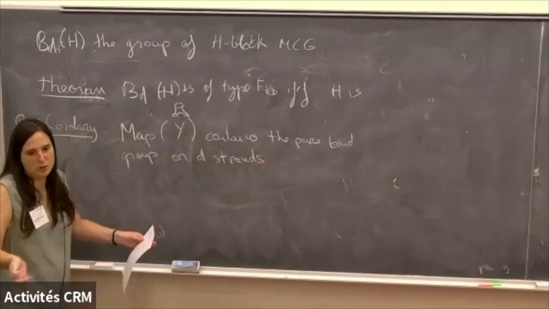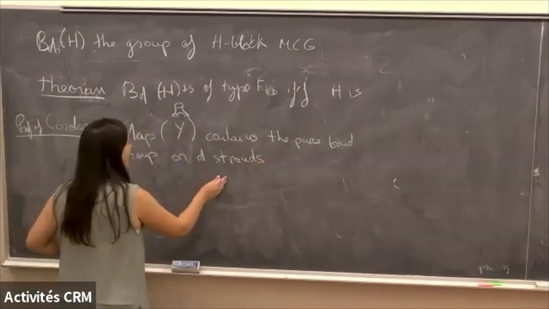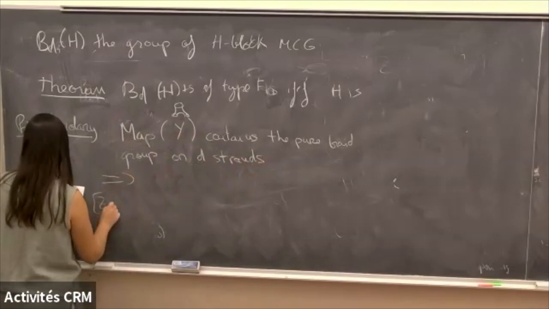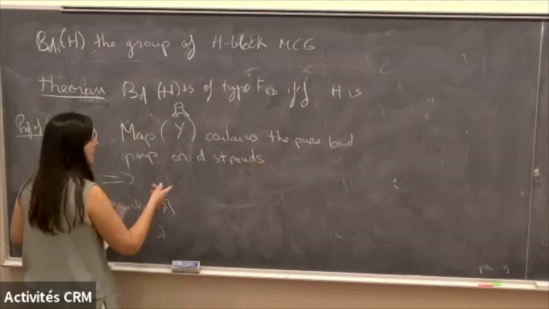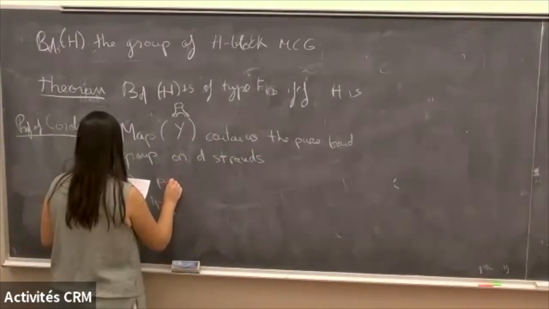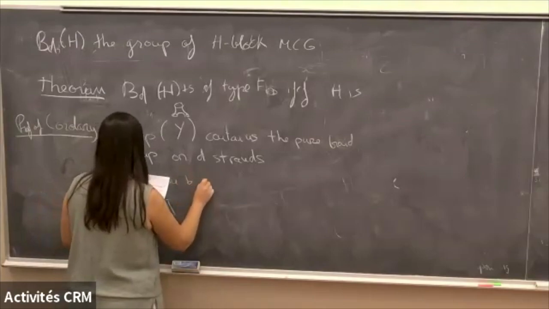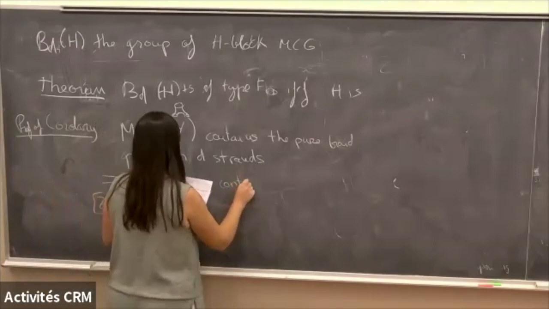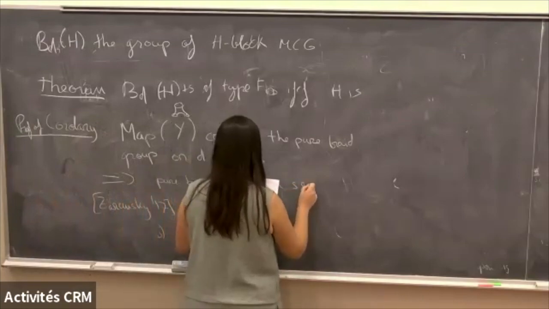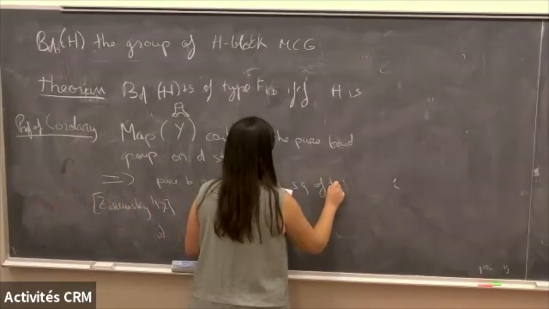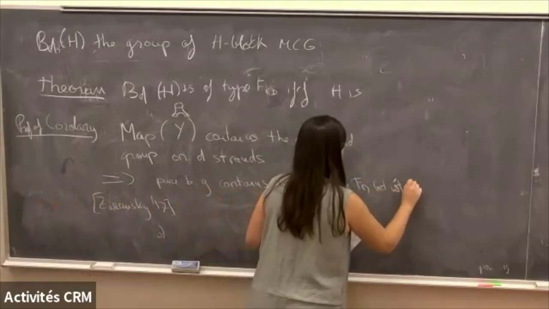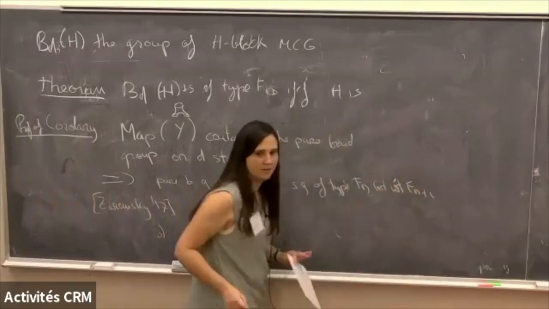It contains the braid group, it contains the pure braid group. And Stallings proved that in this case, the pure braid group contains a subgroup of type F_n, but not F_{n+1}.